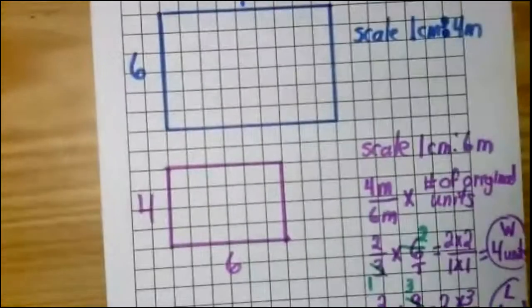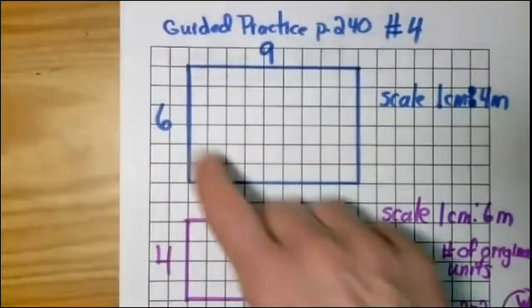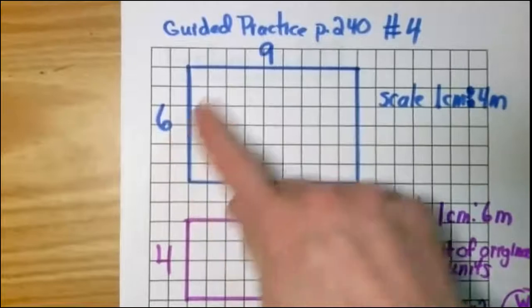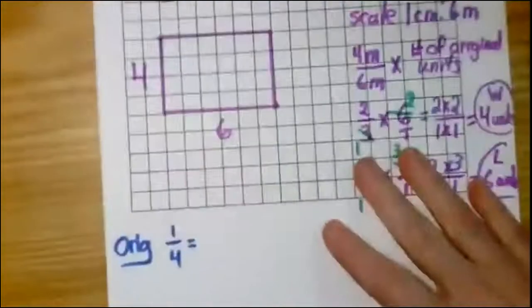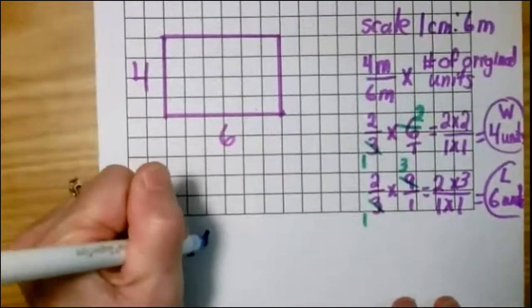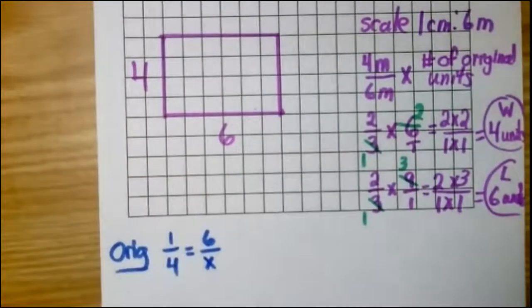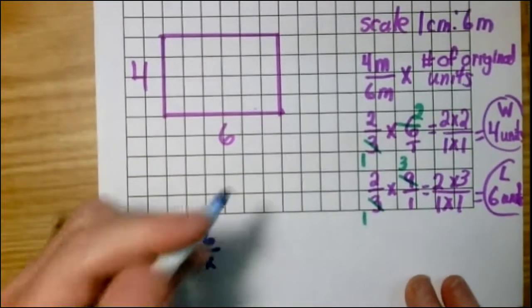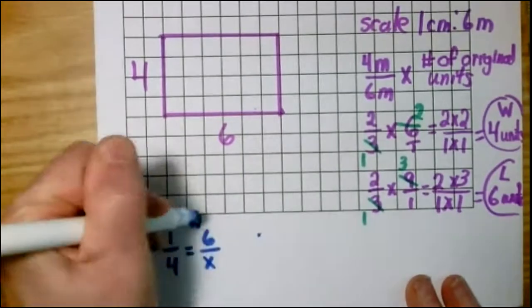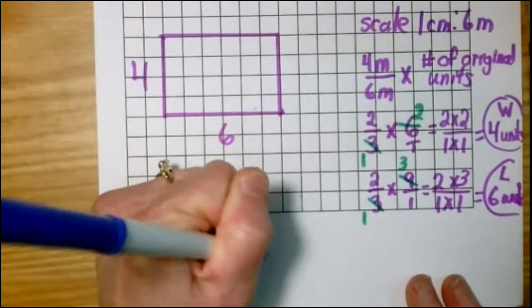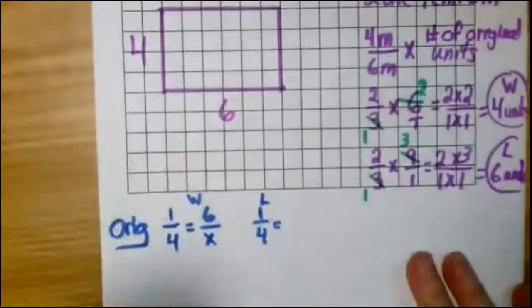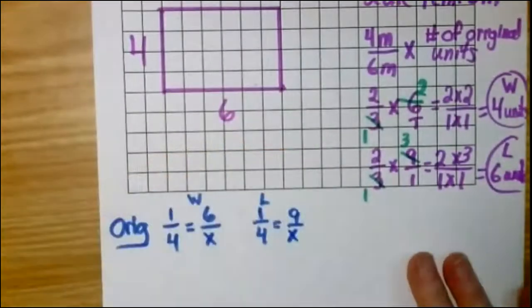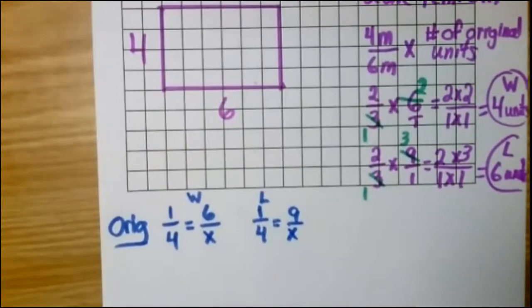So the original width was 6. And the original length was 9. So original width was 6 units to, we don't know, what we were trying to find, the actual. And the other one is 1/4. This is for width. And this will be for length. 1/4 is equal to 9 over, we don't know, right?